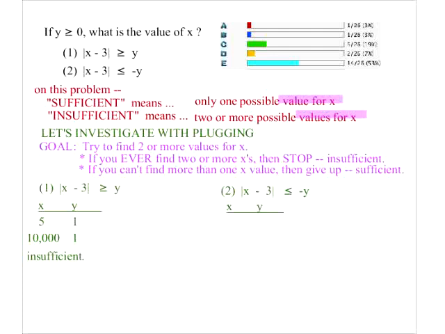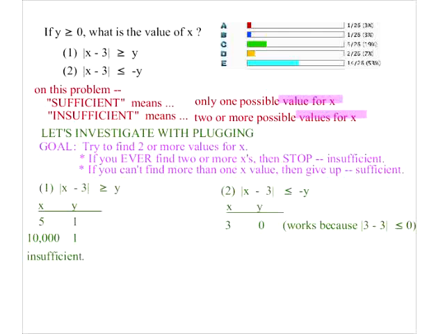So some of you guys are giving me 3 and 0, because that works, right? And that means that this works because absolute value of 3 minus 3 is less than or equal to 0. 0 and 3 doesn't work, because then that would be saying that 3 is less than negative 3.